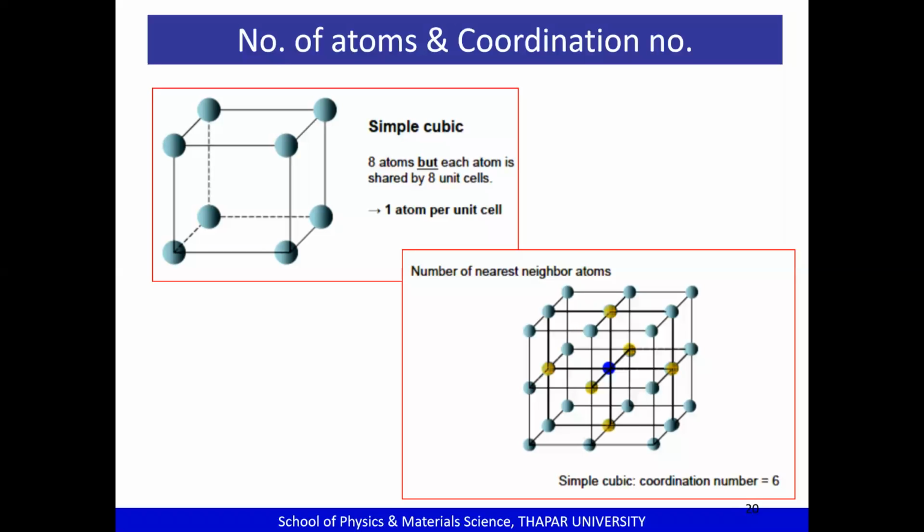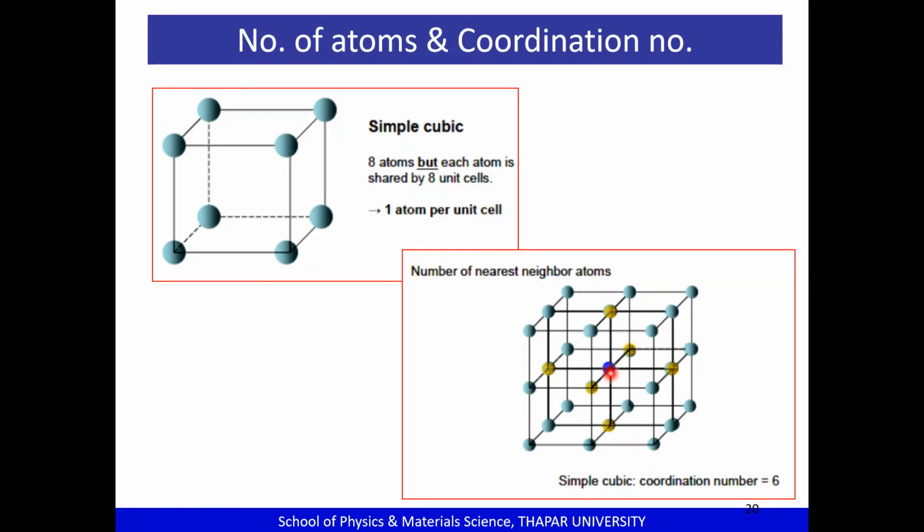And if you want to find out the number of nearest neighbors which a given atom has, you have to follow the diagram shown on the lower right hand corner, where you can see that one atom is surrounded by its 6 equidistant neighbors.